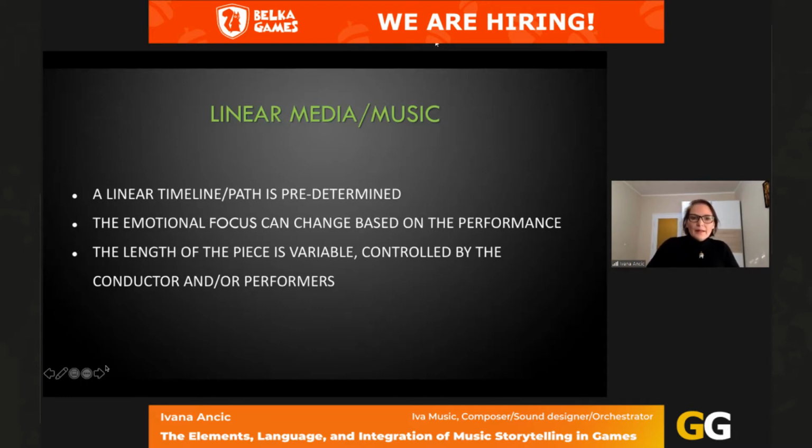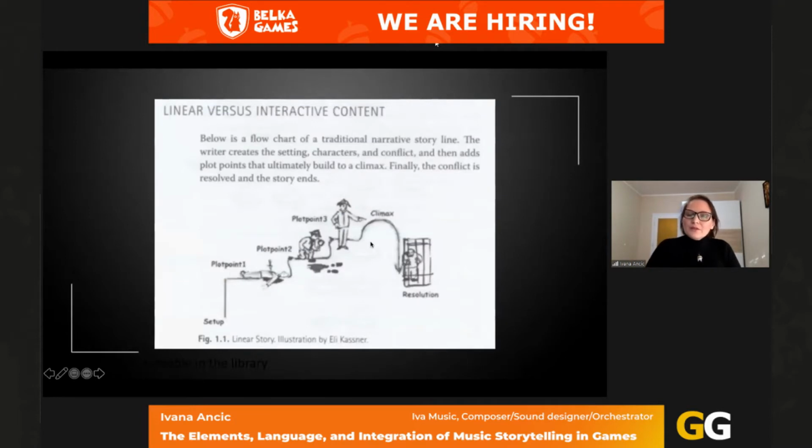So this is a typical traditional narrative storyline where the writer sets up the story, the characters, and then several plot points leading to a climax, and finally the conflict is resolved and the story ends. That's a typical linear storyline.